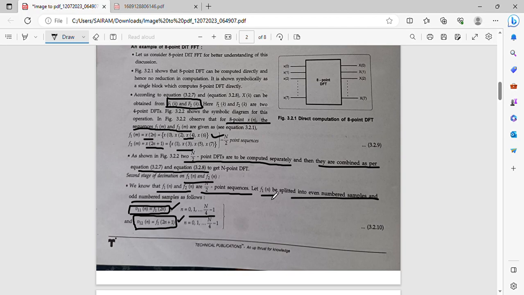Now we are coming to the second stage of decimation, where f1 of n and f2 of n are n by 2-point sequences, and f1 of n is divided into even and odd numbered samples. So v11 of n is equal to f1 of 2n and v12 of n is equal to f1 of 2n plus 1, where v11 of n is the even numbered sequence and v12 of n is the odd numbered sequence.